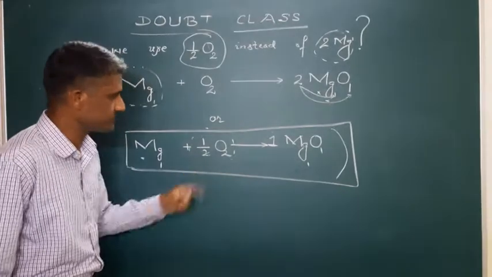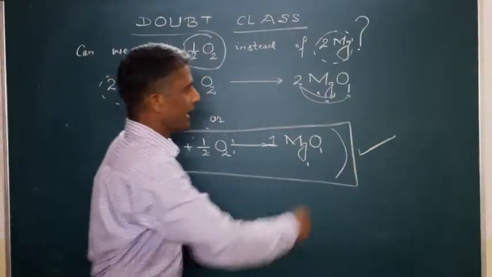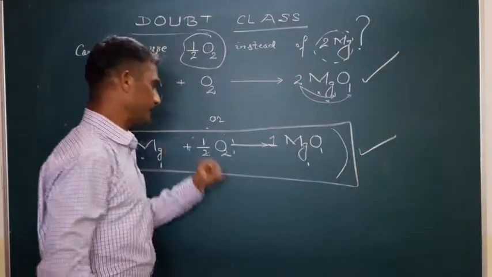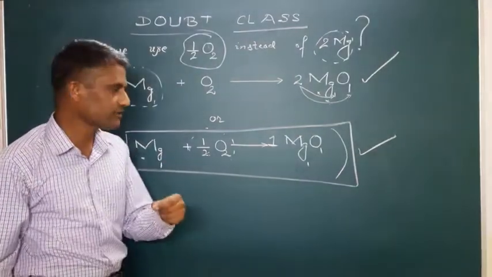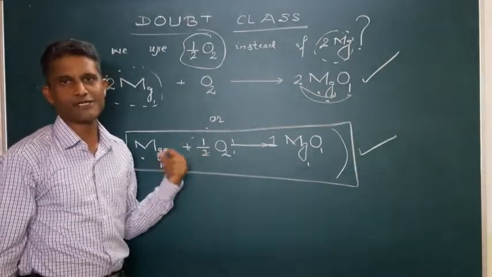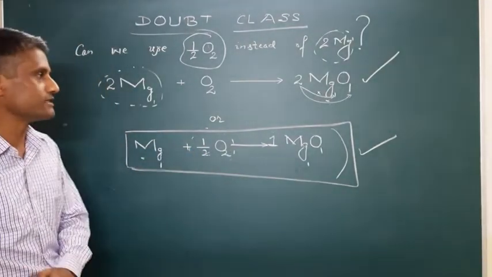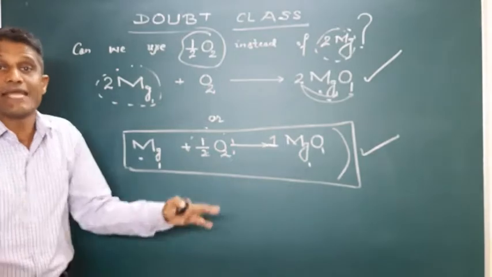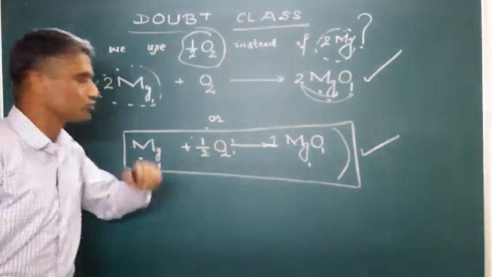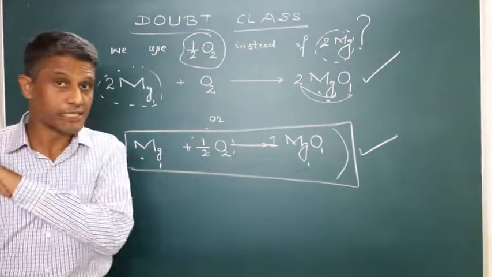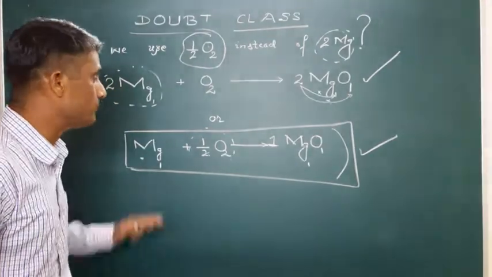Yes, it's right, this can be used as well as this can be used, but at the lower level, while you are understanding the fundamentals, you can get rid of the fractional coefficients. But ultimately, in the final analysis, the use of fractional coefficients is not a prohibited way.